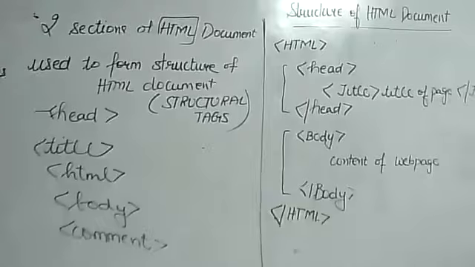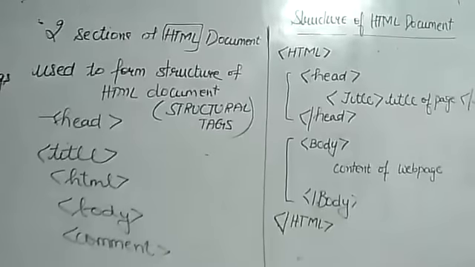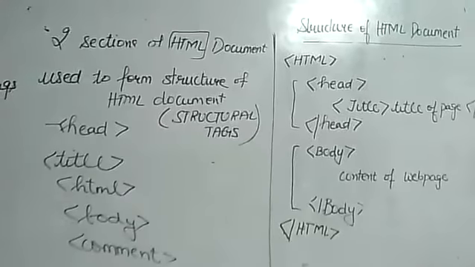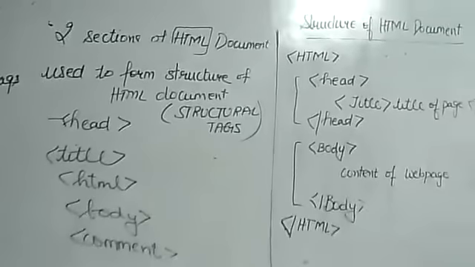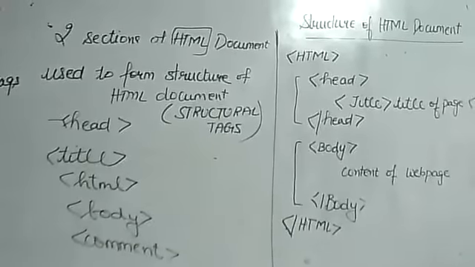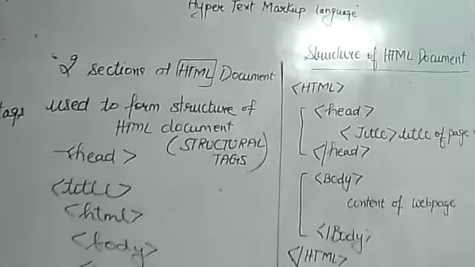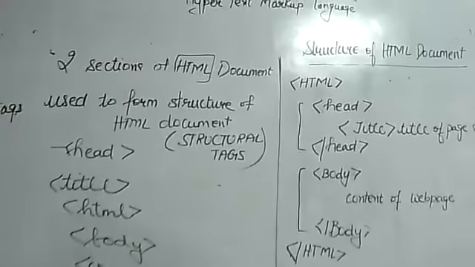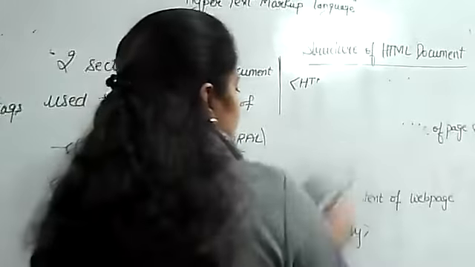So 5 tags are there: HTML, head, title, body, comment. All right. Clear? Now the next is formatting tags.